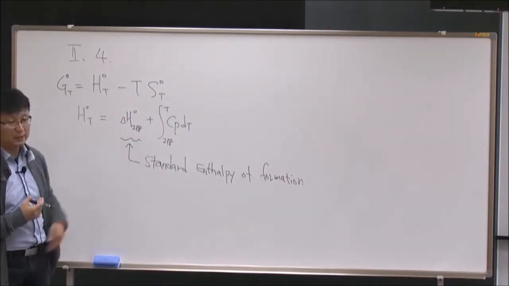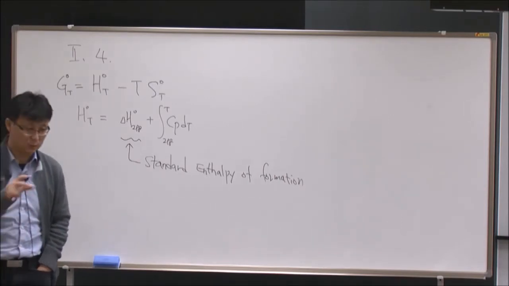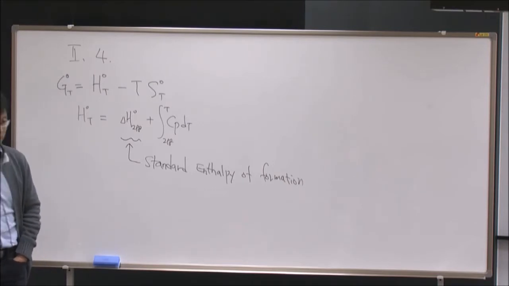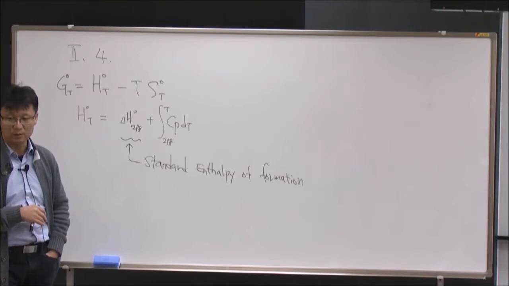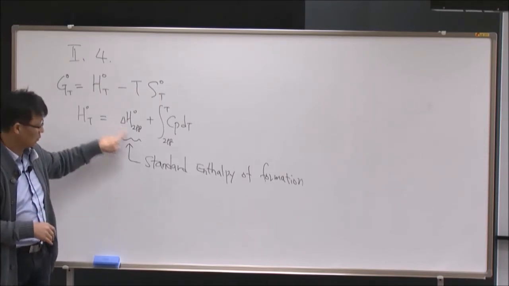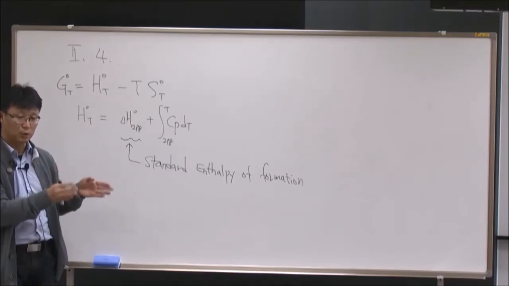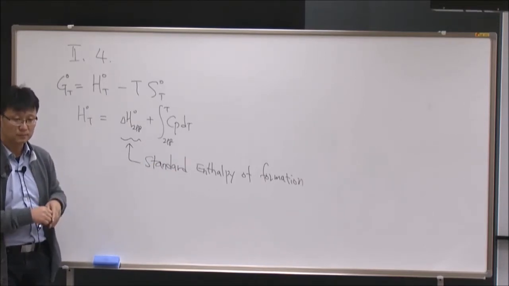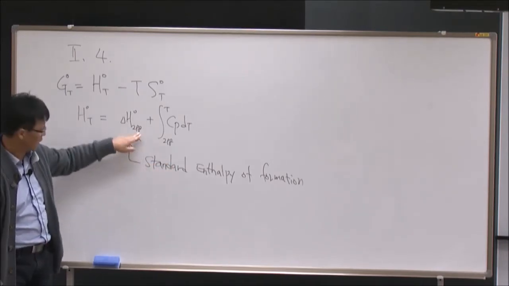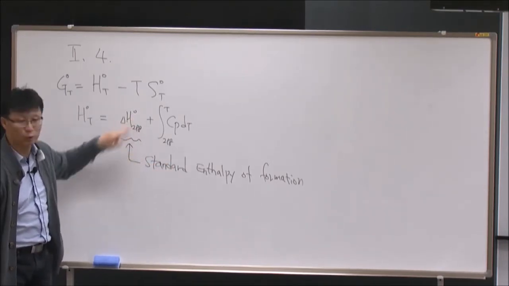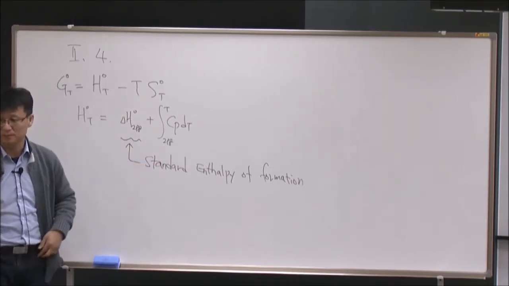As I mentioned, there's no absolute value for enthalpy, so we make a reference. We choose some reference as 0, and then based on that we recalibrate the enthalpy value. So that's why we have delta, and that's why we say it's a formation from the pure elemental species. Okay? So standard enthalpy of formation. Why do we say standard? 298 Kelvin, and also this is a stoichiometric compound. So that's why we say standard enthalpy of formation. Okay?